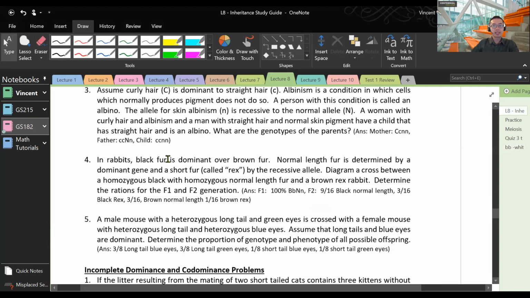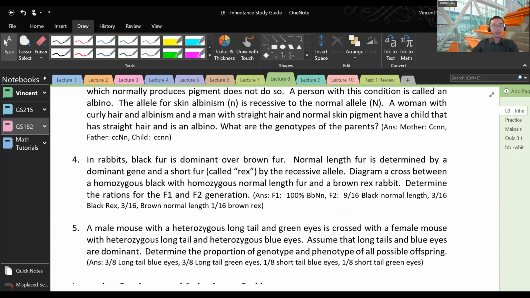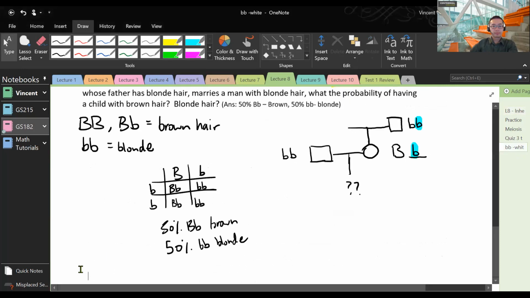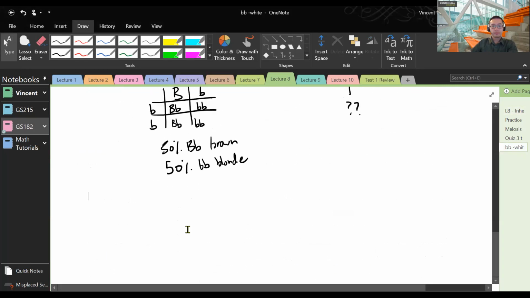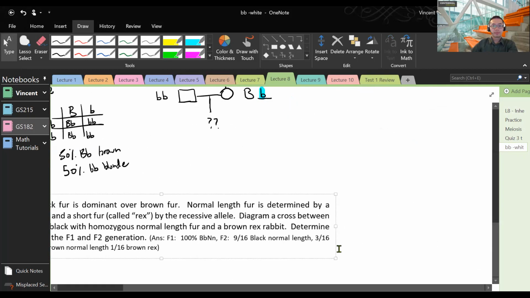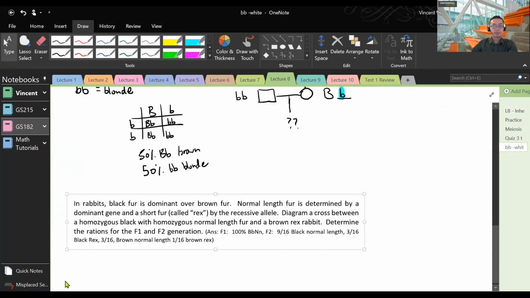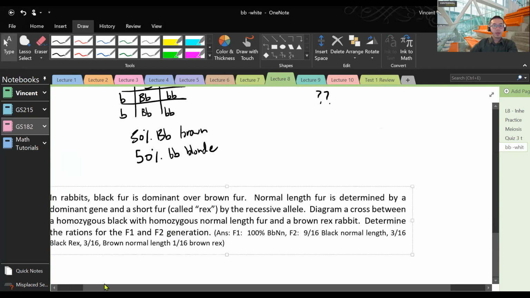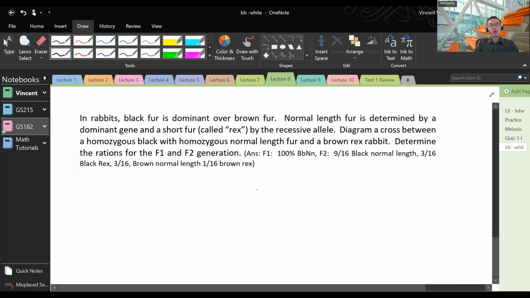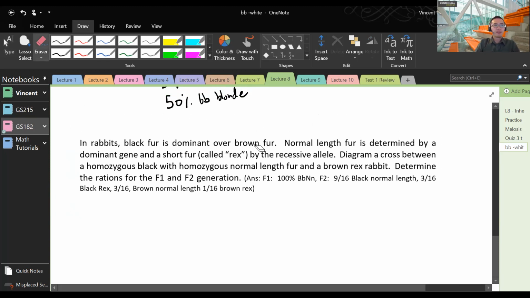We're going to try number 4 right here. It's probably very confusing, but let's try. In rabbits, black fur is dominant over brown fur.